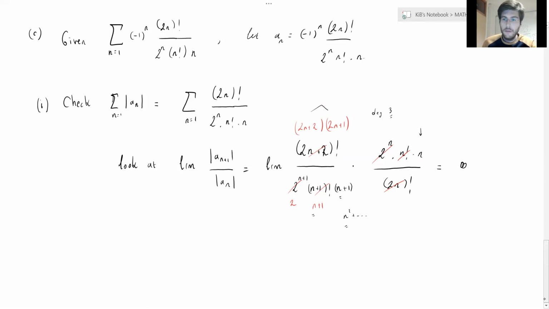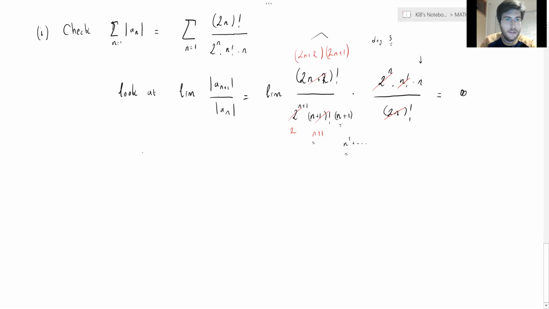So fine, what does it tell us? Since this is infinity, it says that this thing is divergent.